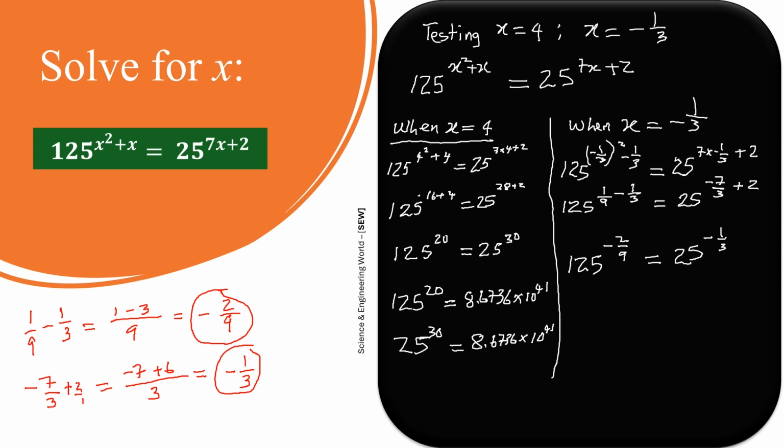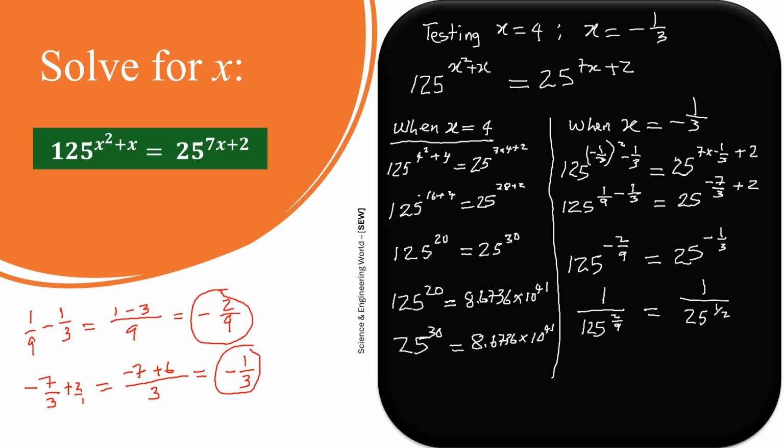Because of the negative in the power, the negatives turn to reciprocal, so we have 1 over 125 to the power 2 over 9, which is equal to 1 over 25 to the power 1/3.